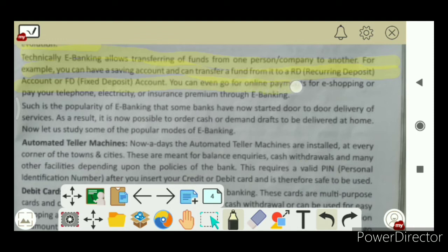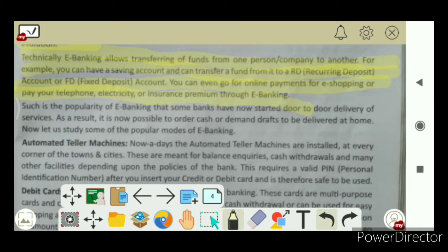You can even go for online payments for shopping or pay your telephone, electricity or insurance premium through e-banking. In this paragraph, some examples of the activities that you can perform by e-banking have been illustrated.